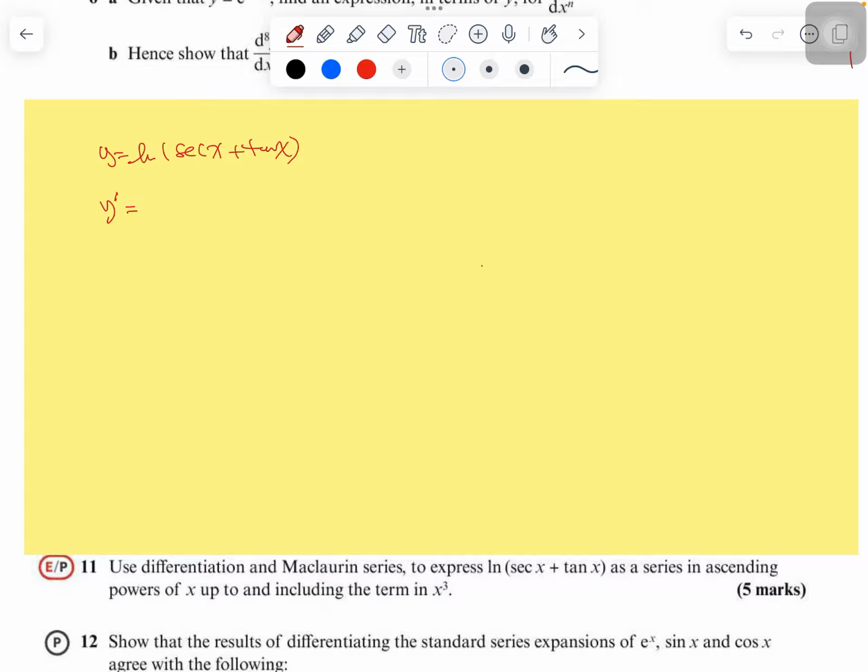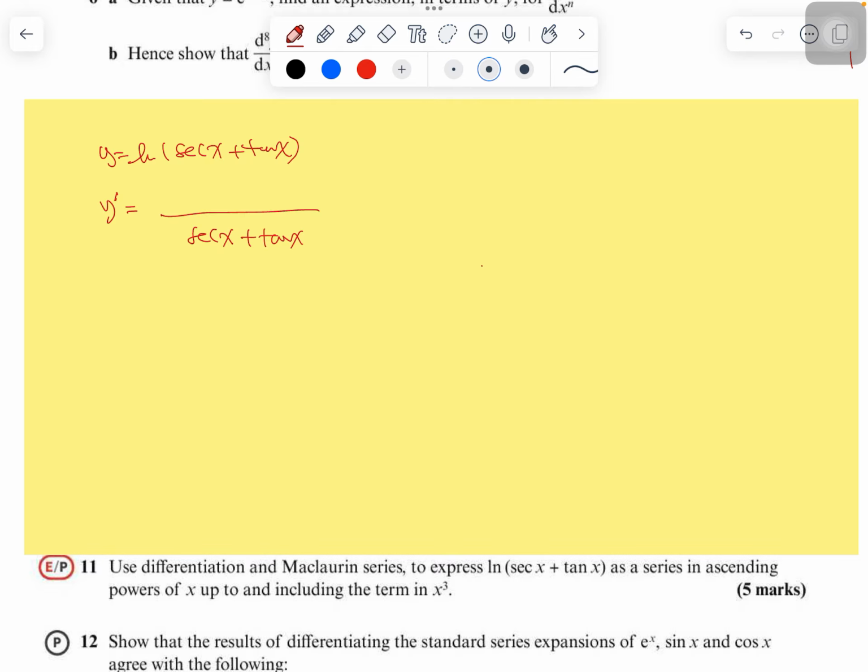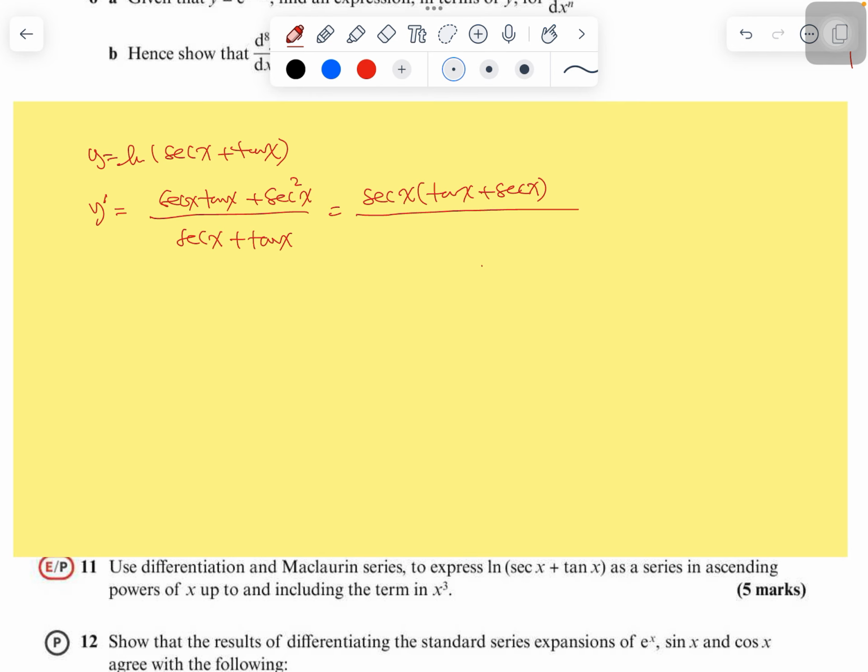So y prime, this is the chain rule. So sec x plus tan x on the denominator, because this is log, and the derivative of ln x is 1 over x. So now we need to do this chain rule. The derivative of secant x becomes secant x tan x plus secant squared x. Oh, okay, so secant x tan x plus secant squared x over secant x plus tangent x.